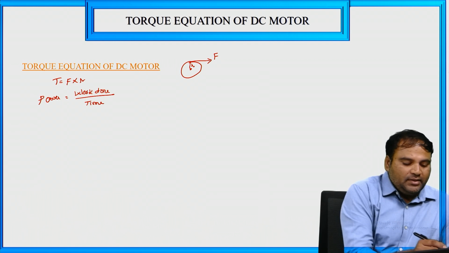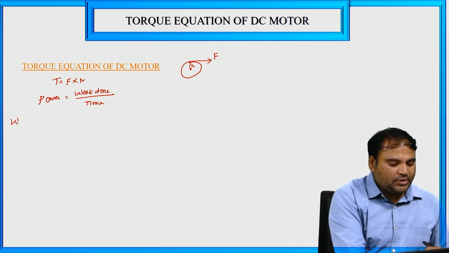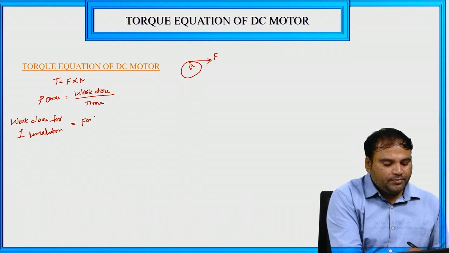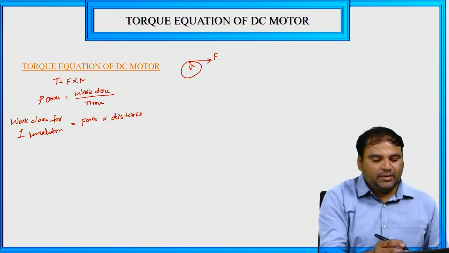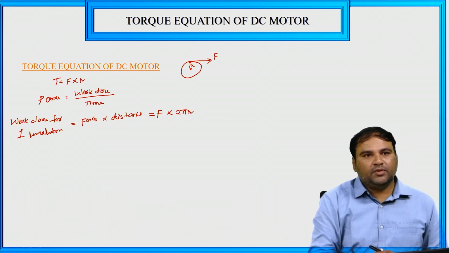Work done for one revolution is equal to force into distance traveled by the conductor. The force is F and the distance we already know is 2 pi r. So work done for one revolution is equal to F into 2 pi r.